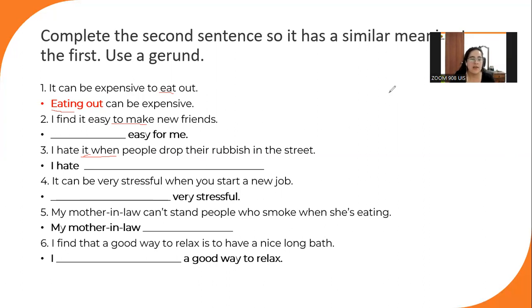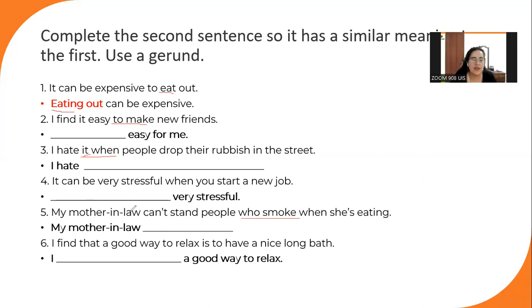Esto es más difícil. My mother-in-law can't stand people who smoke when she's eating. ¿Alguien tiene una respuesta? ¿Cómo la pusieron? Teacher, "my mother-in-law can't stand people who smoke when she's eating." No, not really.